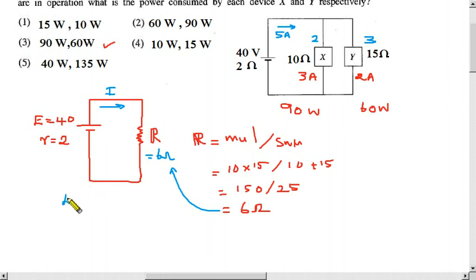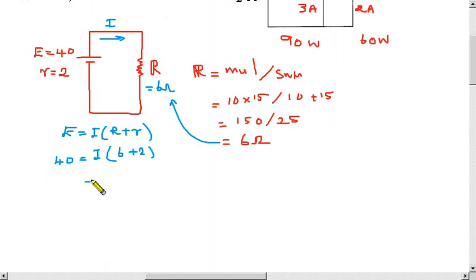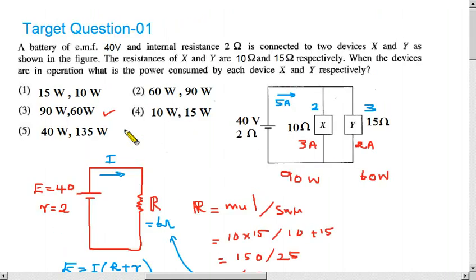We write the equation E equals I times in brackets R plus R. So E is 40, current we don't know, capital R is 6, simple R is 2, altogether 8. I equals 40 divided by 8, so 5 ampere. This is the current coming out from the battery.